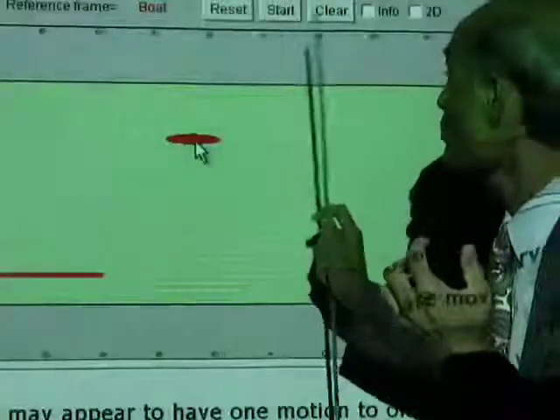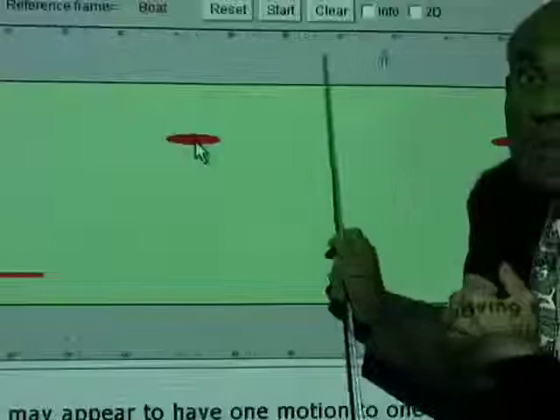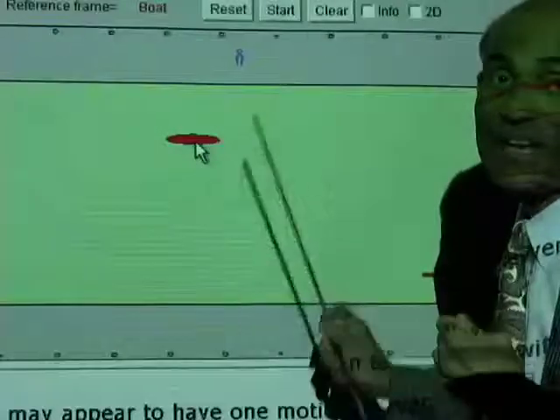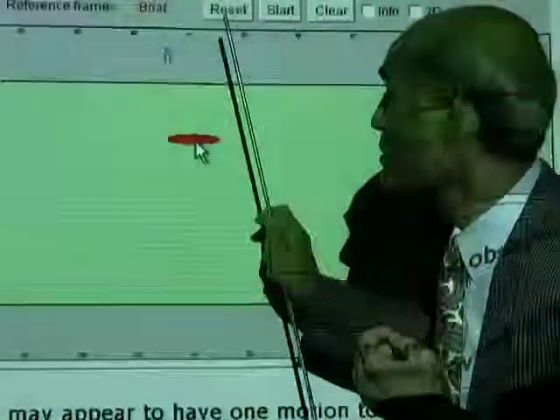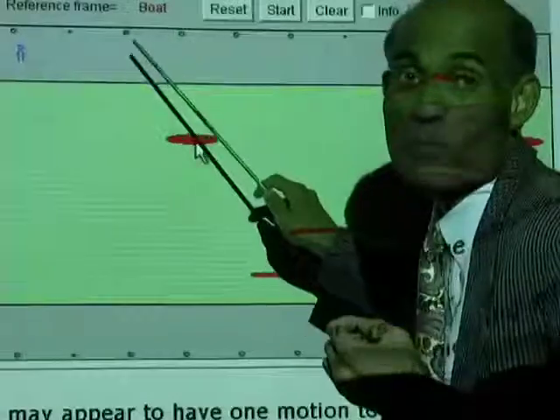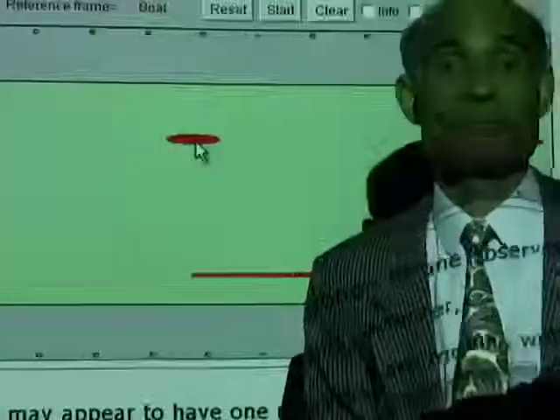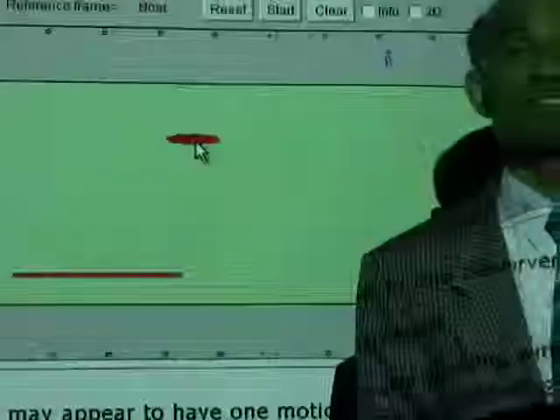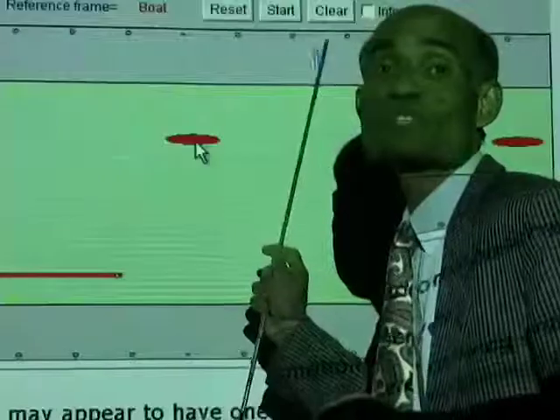We are finding the relative velocity of the man with respect to the boat. Right? Now, if I want to find the relative velocity of the boat with respect to the man, what do I do? I go and bring the man to a stop. Alright? Let's find the relative velocity of the boat with respect to the man.